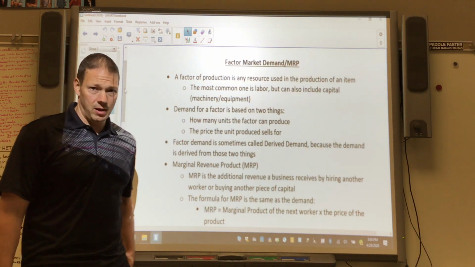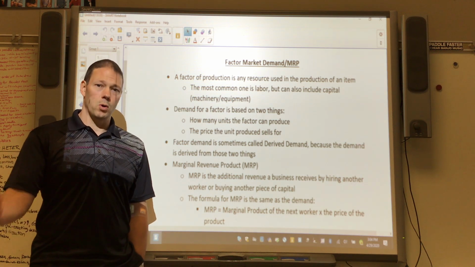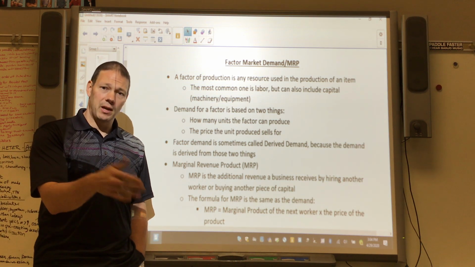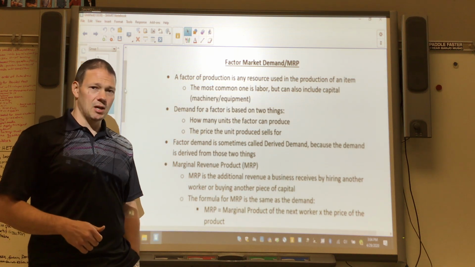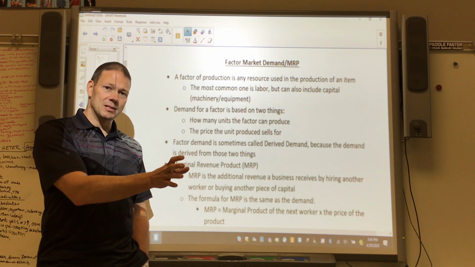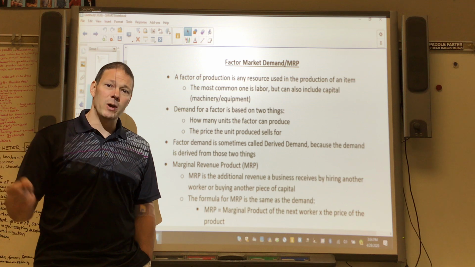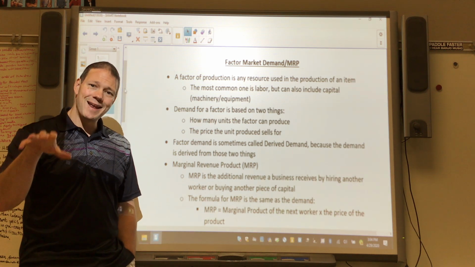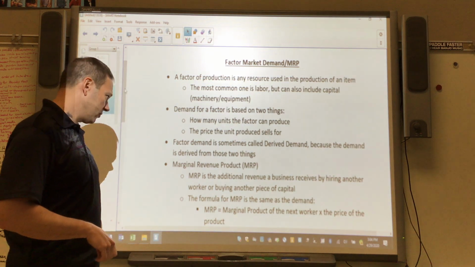And then the second thing, because it doesn't stop there, is how much is that product worth? The thing they're making, in this case pizzas: how much does the pizza sell for? If the pizza sells for $1, then the worker that makes that pizza is not as valuable as a worker who makes a pizza that sells for, say, $20. So it's not just how many you make, but also how much it sells for.